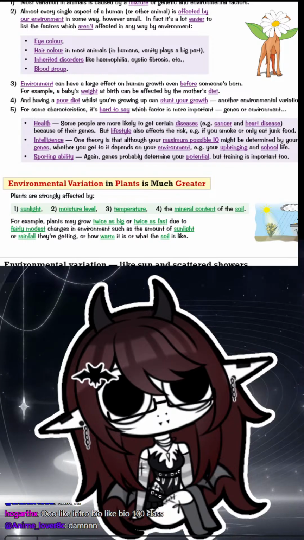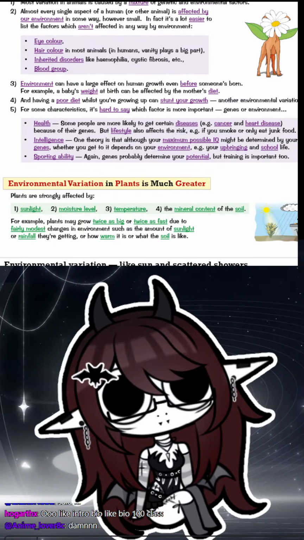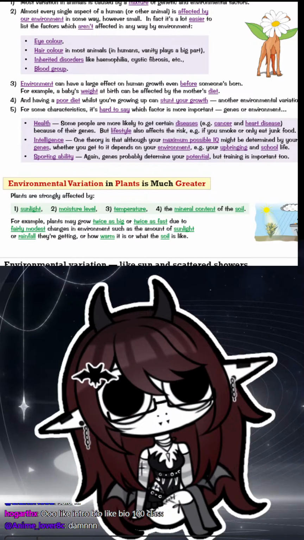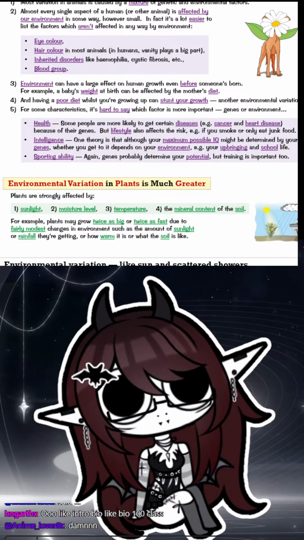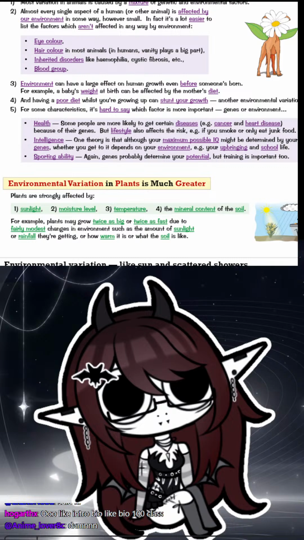Environment can have a large effect on human growth even before someone's born. For example, a baby's weight at birth can be affected by the mother's diet, and having a poor diet while you're growing up can stunt your growth. Another environmental variation. For some characteristics, it's hard to say which factors are more important, genes or environment.